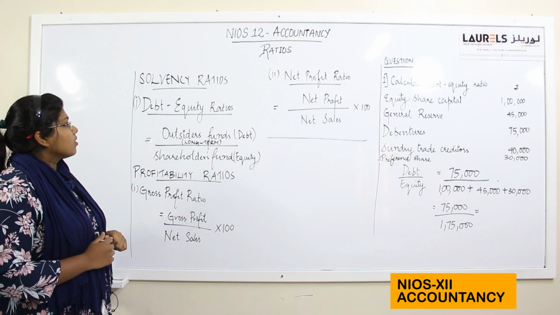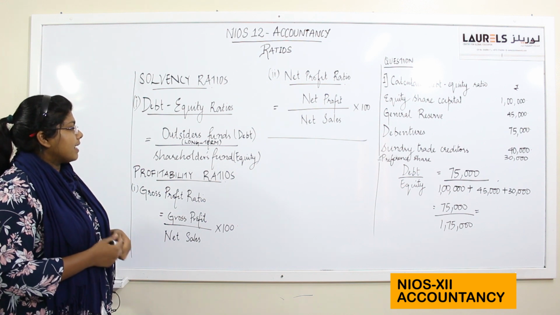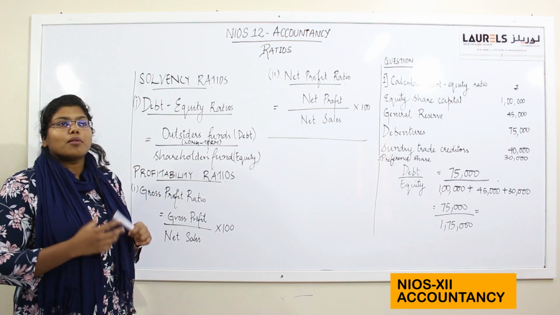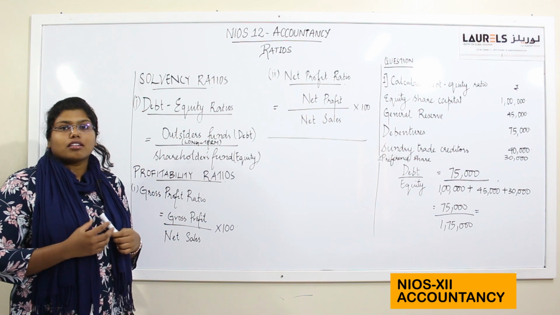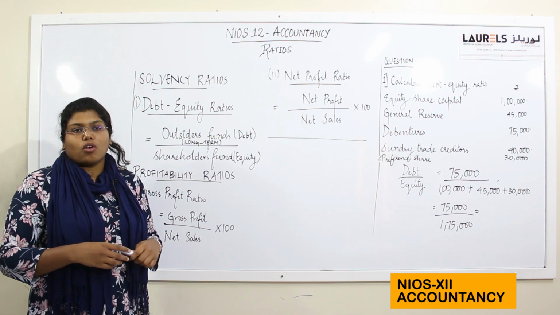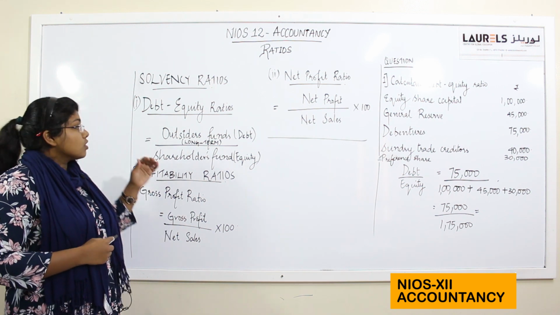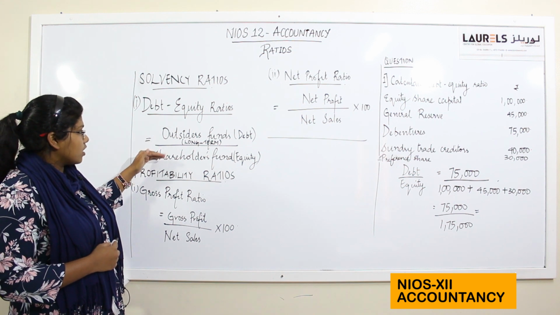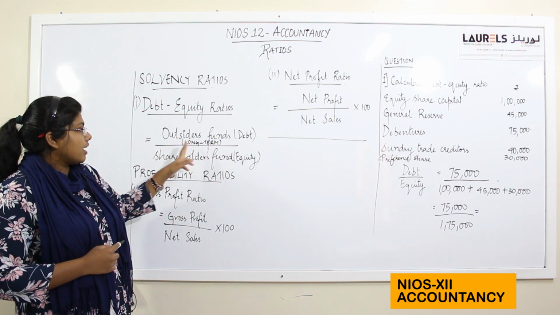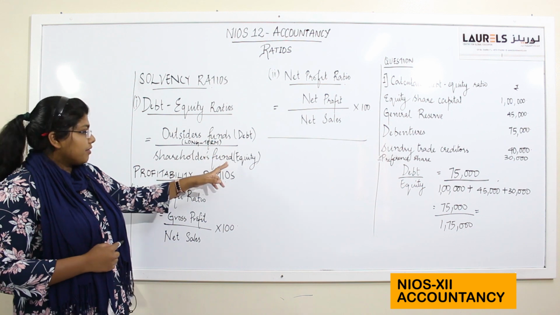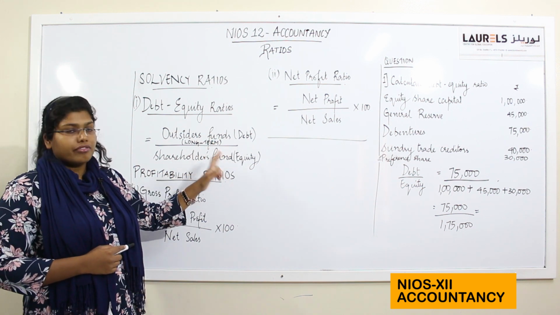So what do we mean by debt? Debt is any amount of money that you take and you owe back to that person or institution. Now, in the debt to equity ratio, I have written debt as outsiders fund and equity as shareholders fund.